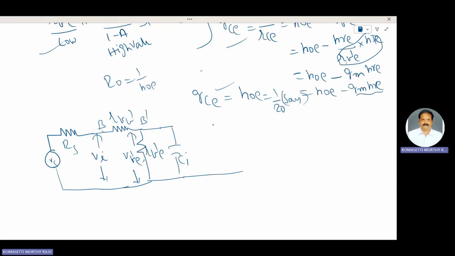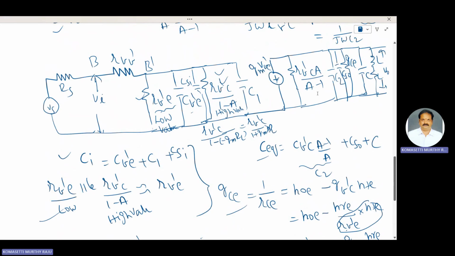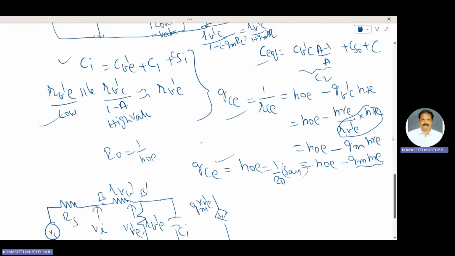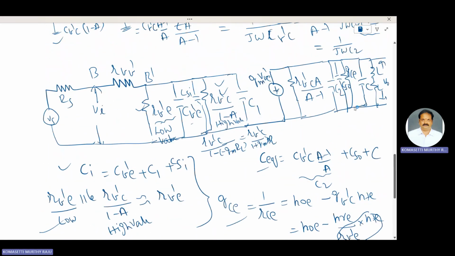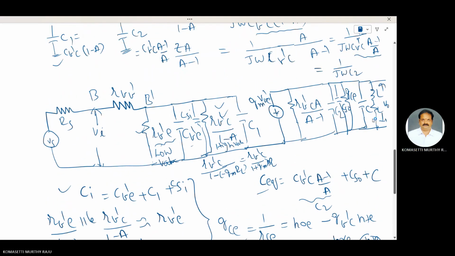At the output side, some dependent current source is there. Diamond shape we use here, GM VB'E. Here RB'E A by A minus 1. Here another capacitance is C equivalent. C equivalent includes C2, C and CSO, the output stray capacitance.